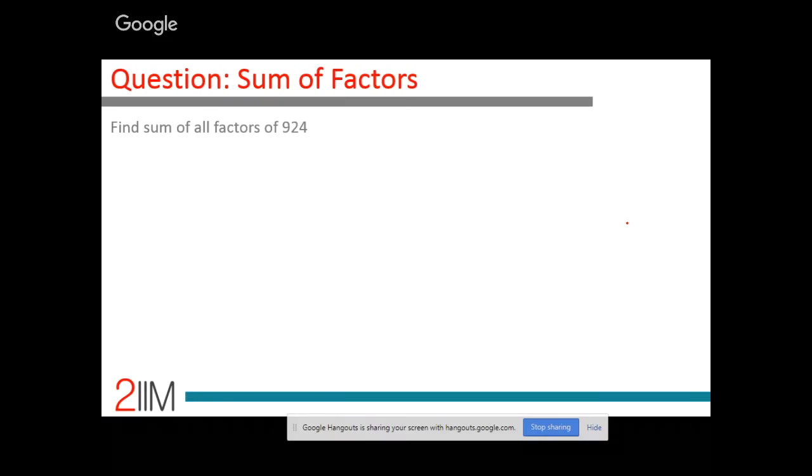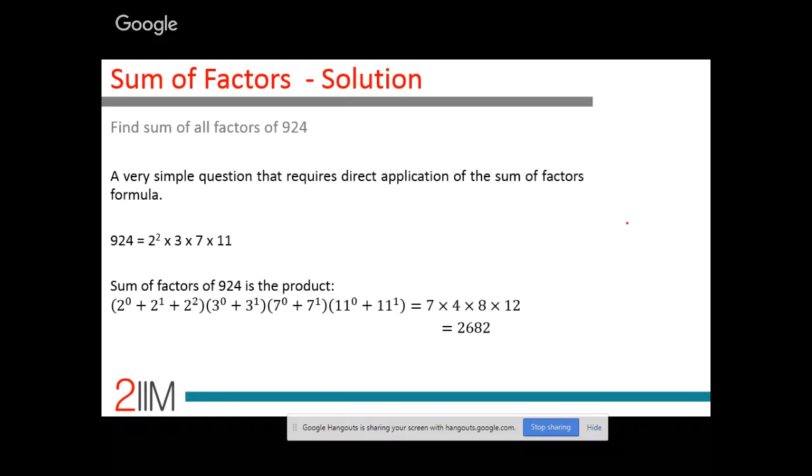Prime factorize this, plug into the formula, we're done. Prime factorize this number, we get 2 square into 3 into 7 into 11.